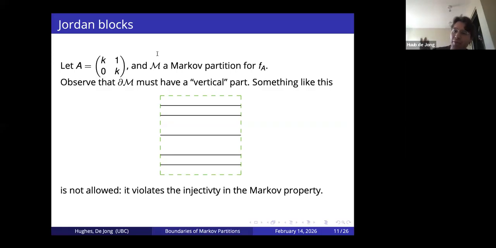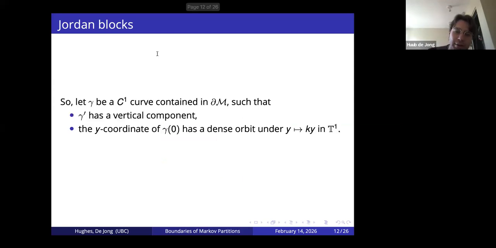So we're going to have a curve with some kind of vertical change, and we're going to suppose that this is C1. So we have a curve that's C1 contained in the boundary, and its tangent vector has a vertical component. I'm going to blur the lines between whether I'm on the torus or in R2, the universal cover. Hopefully that doesn't cause any confusion.